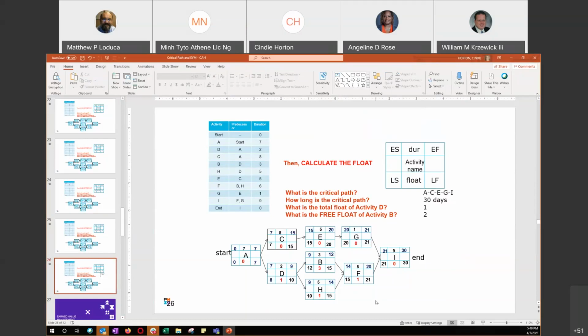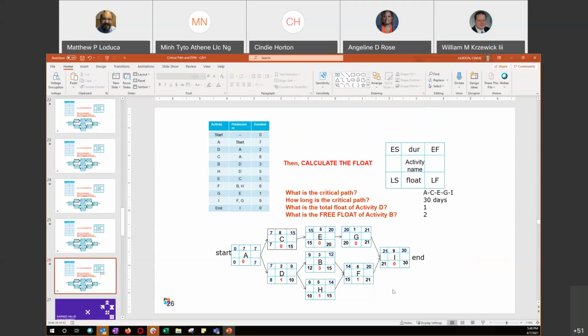But if you come in on day 15, you miss your early start date on F, but you still end on time, right? Because you had a day of float there. So the early start date is what you're looking at for free float. Between B and C, it's that 14 and the 12. So you can be 2 days late and still start on the 14th.